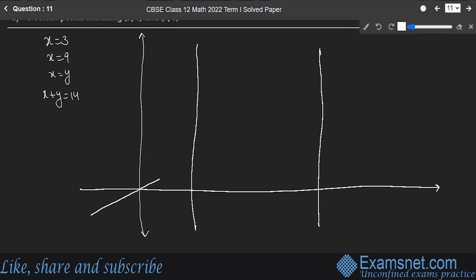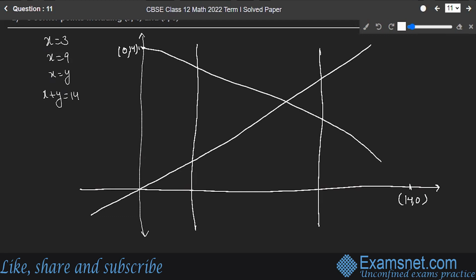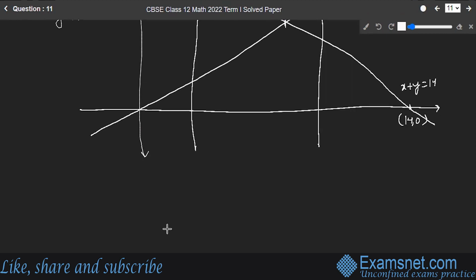This is the line x is equal to y. And let's make the line x plus y is equal to 14. This is the point (0, 14), and over here it will be the point (14, 0). So let's join these 2 points. You will find this is the line x plus y is equal to 14, and this is the line x is equal to y. So you will find the point of intersection of these 2 lines. Let's find the point of intersection.